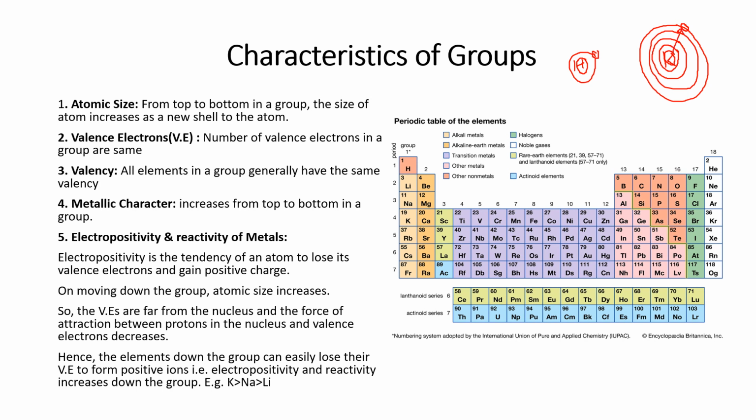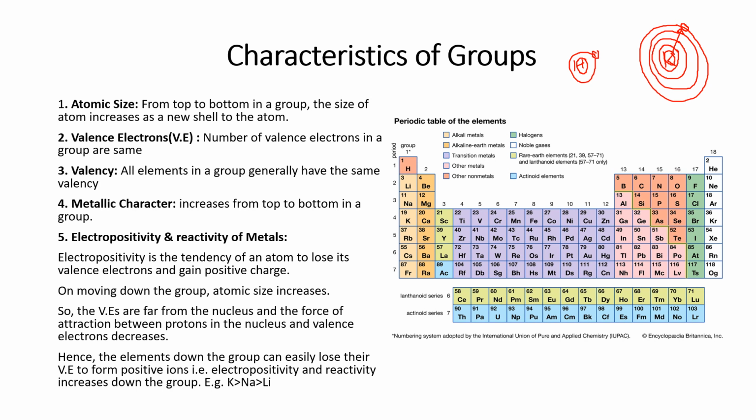We know that there is an attraction between proton and electron, and when the electron goes far away from the nucleus, their attraction will be less. Then their power to leave an electron will increase, so they can easily leave an electron.